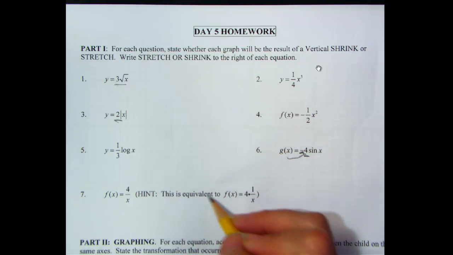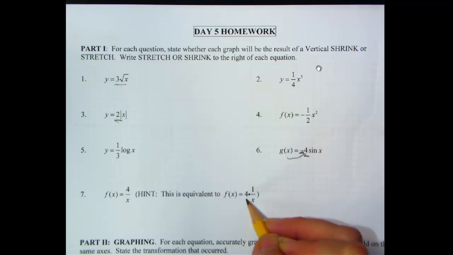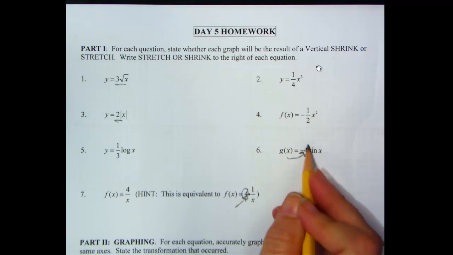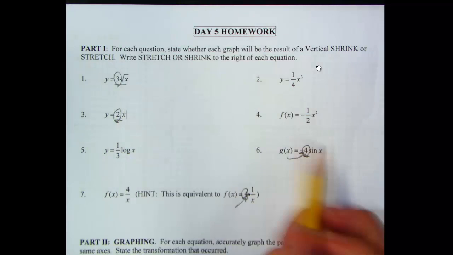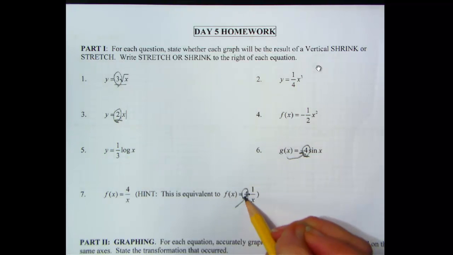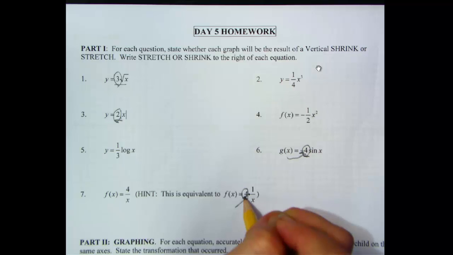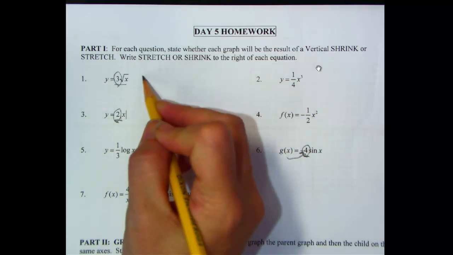This one, 4 over x, and I give you a hint, it's equivalent to 4 times our parent graph of 1 over x. So when we see these whole numbers out front, numbers greater than 1, 3, 2, 4, 4, those are vertical stretches. Big numbers stretch. Okay, that's a way to remember it.